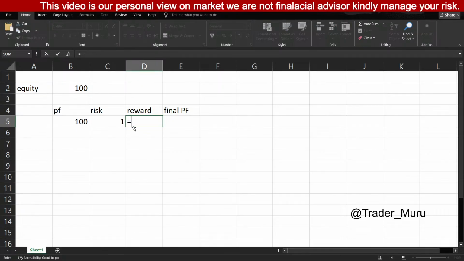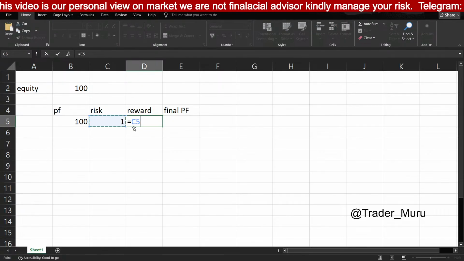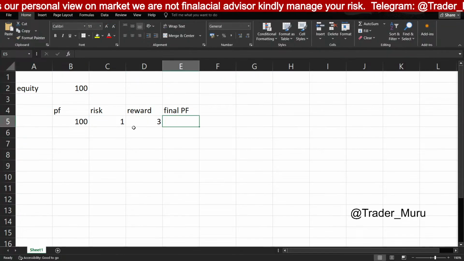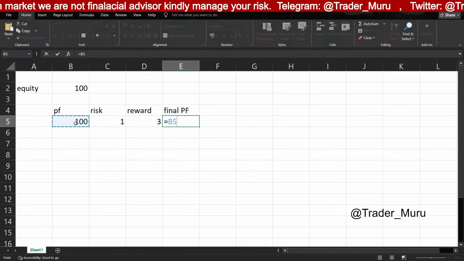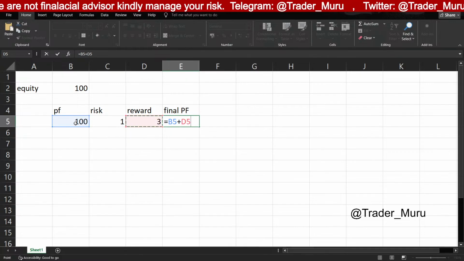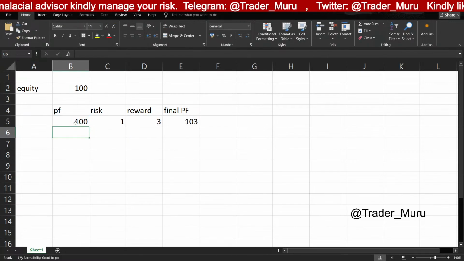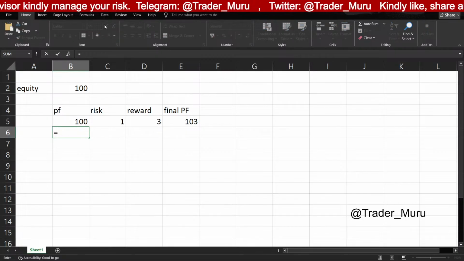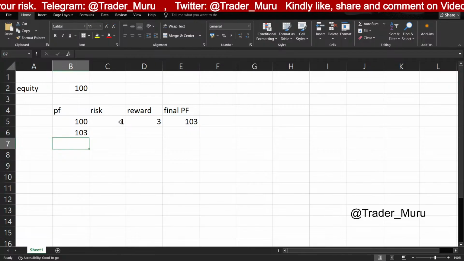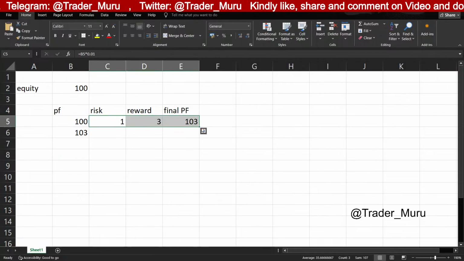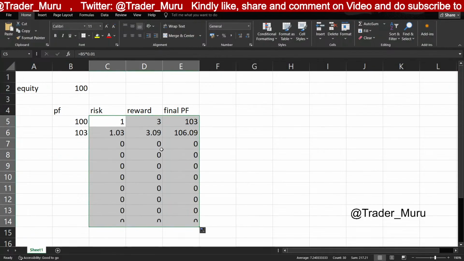Your target will be 3 times your risk, and your final PF will be this plus this. Okay, same thing you will repeat, and all the things will be the same.